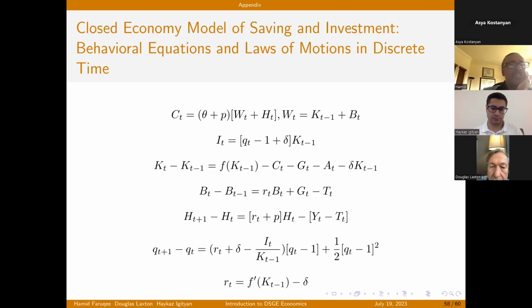And then this shows you, again, the same behavior, law of motion for the closed economy model. The key difference here is that the interest rate has to equilibrate saving and investment.